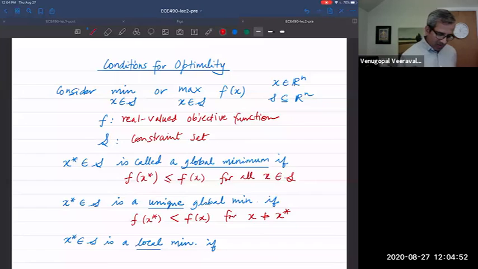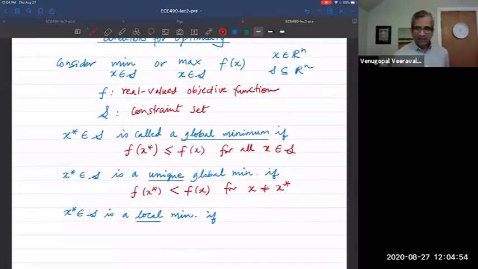Now, we'll also define something called a local minimum. The local minimum definition is a little more complicated. Here, what we're saying is that if we just look around the region, I can find a little ball around x star such that within that ball, x star corresponds to the smallest value that f can take.